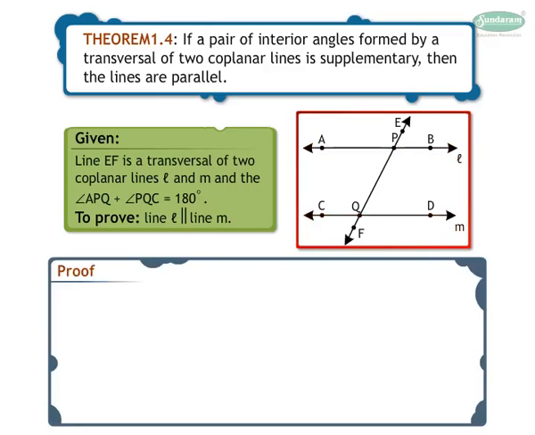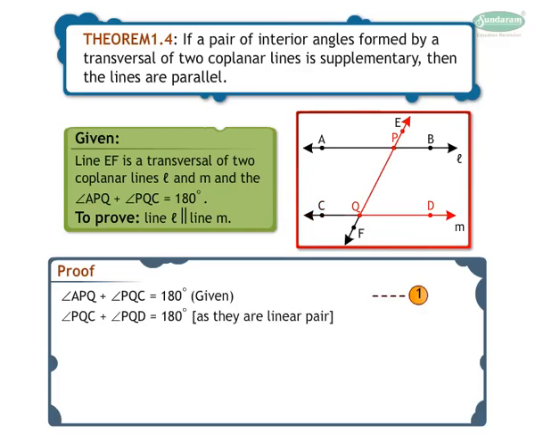Proof. It is given that angle APQ plus angle PQC is 180 degrees. Let us consider this as statement 1. Angle PQC plus angle PQD is 180 degrees as they are a linear pair. Let us consider this as statement 2. From statements 1 and 2, angle APQ plus angle PQC will be equal to angle PQC plus angle PQD.